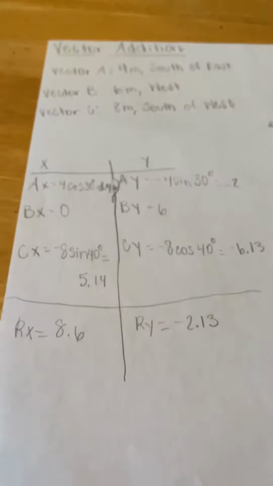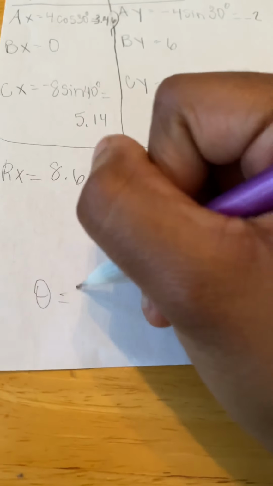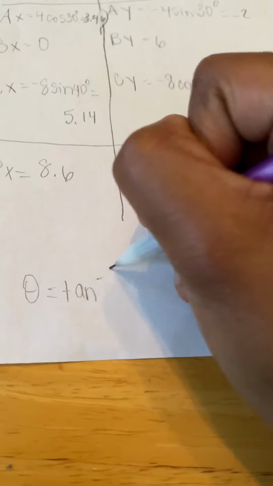And so when you take the square root of that, r would equal 8.33 for the magnitude. And for the direction, you would do theta equals tan inverse of negative 2.13, because for the equation, you do ry over rx.